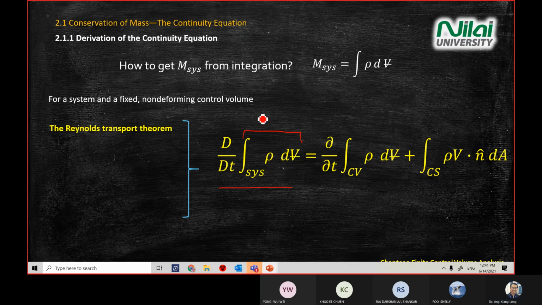Kg. Okay, kg what? I'm not asking about the unit. I'm asking what is the product when you take density times volume? Mass. Mass, correct.